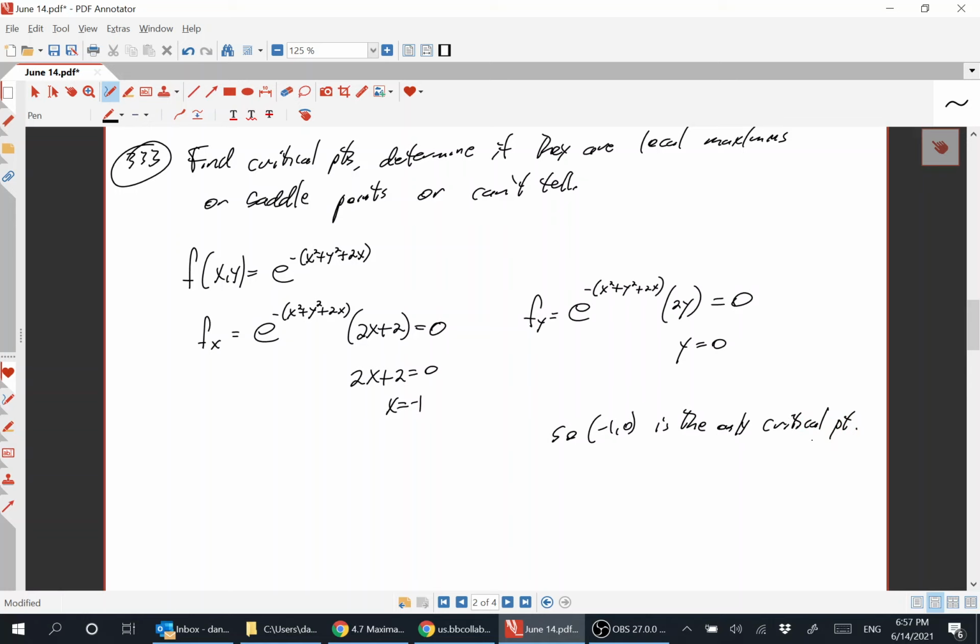And what's it going to be? I mean, geometrically, this is an exponential function, right? e to the negative of this quantity up here. So what does this surface look like?